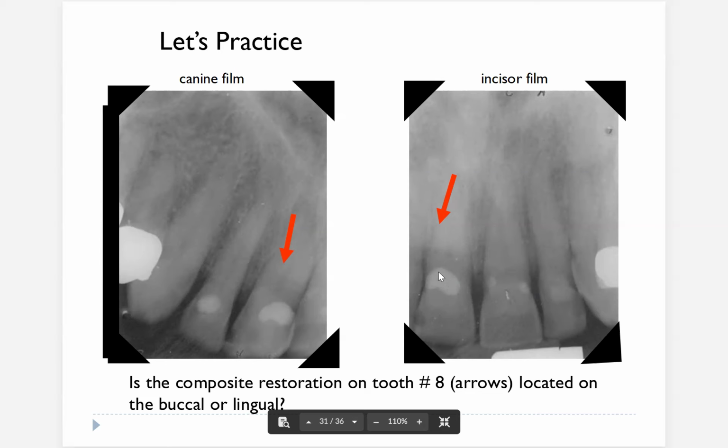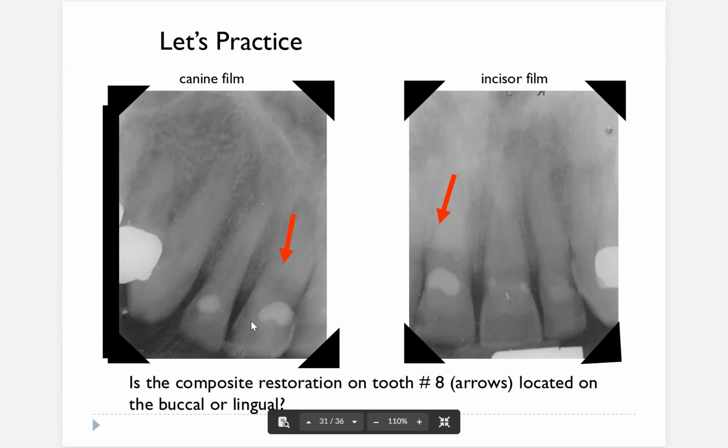And the composite moved from the distal part of it way over to the buccal side of it. So that would lead me to rationalize that this is probably a buccal restoration, because when it was straight up and down, it looked like it was wrapping a little bit more to the distal portion of this tooth. I think this is tooth number 8, right?